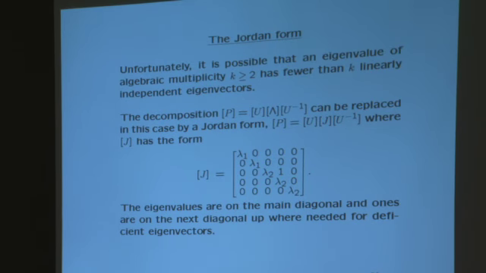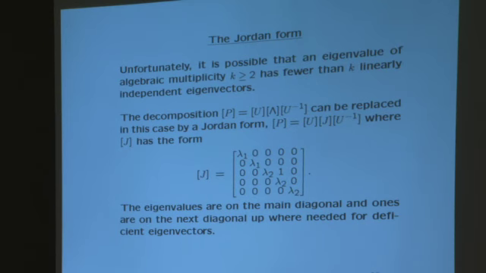So the only place there can be anything non-zero is on the main diagonal, with the eigenvalues, and on the next diagonal up, where you occasionally have a 1, and the 1 is to replace the need for a deficient eigenvector.